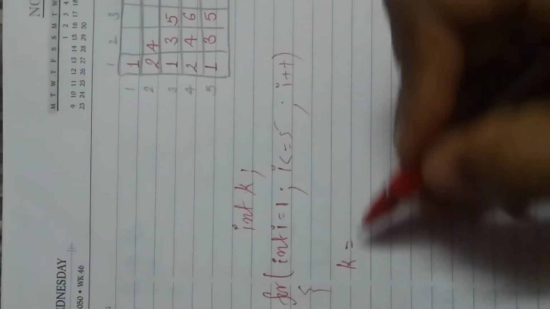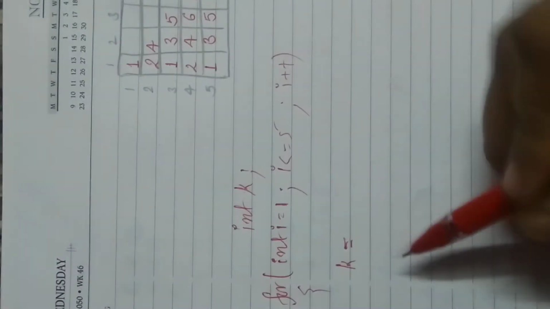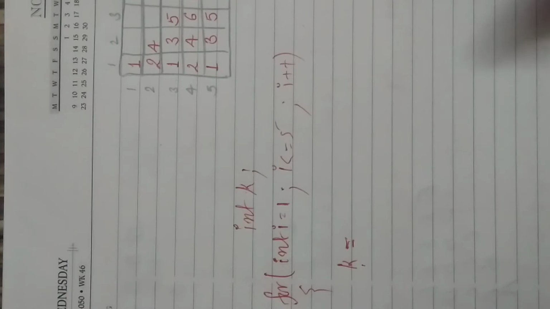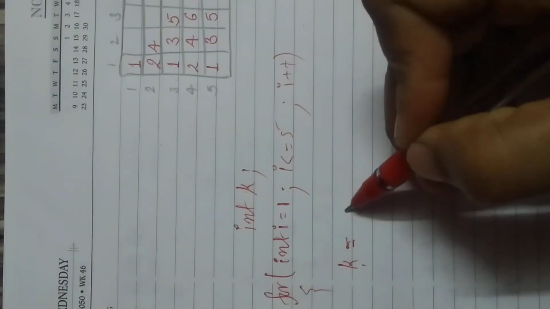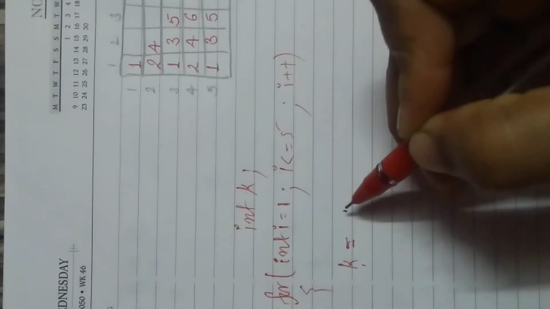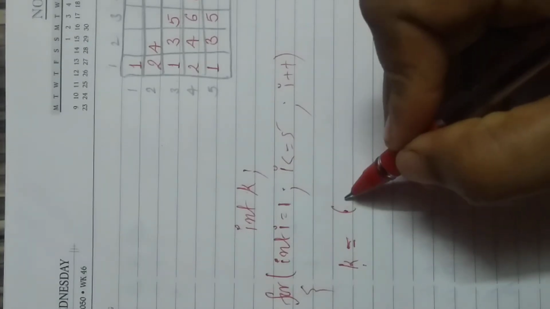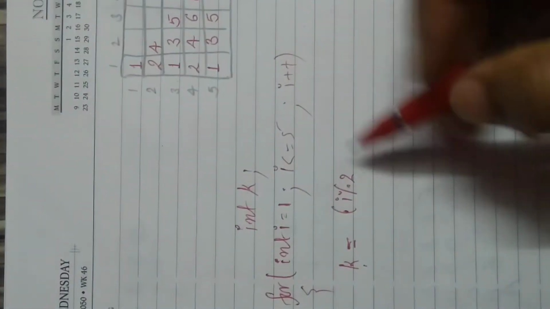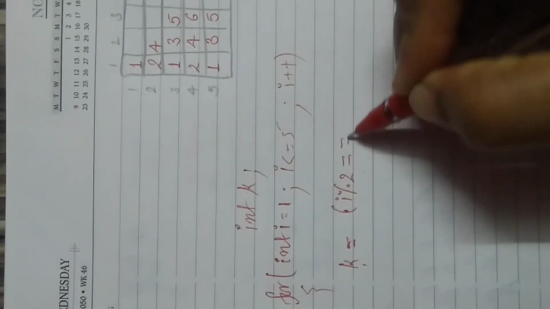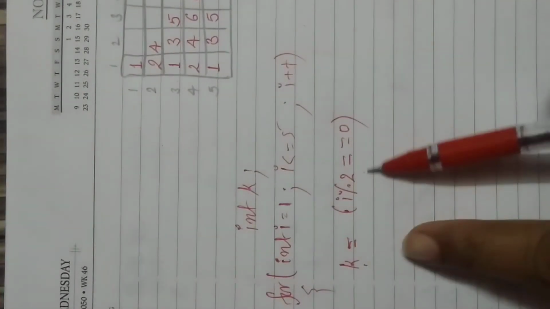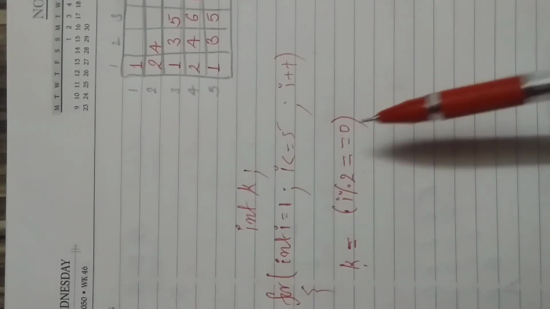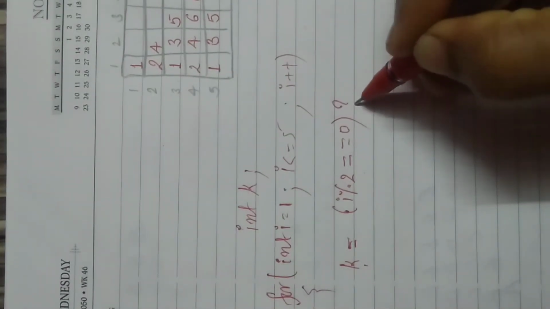For the ternary operator we take a variable to store the value of the condition. Now write the condition. My condition is I mod 2 equals 0. In a ternary operator, first we write the condition, then a question mark.